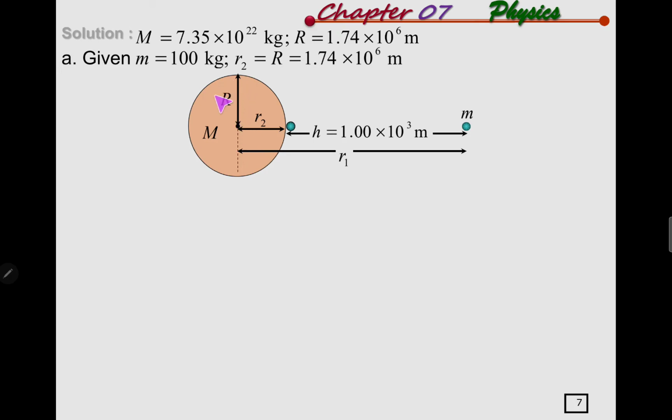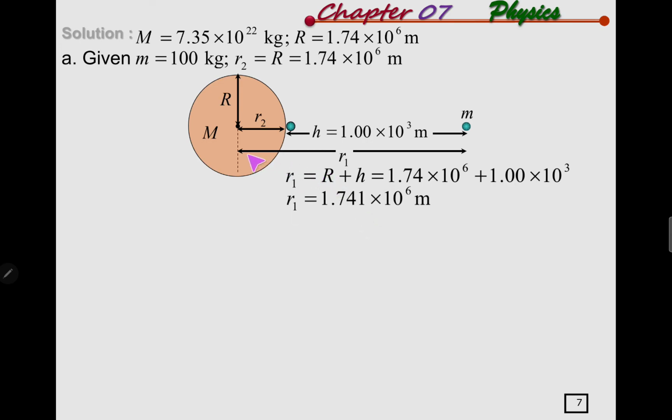So the initial radius will be the initial position, and then you move it 1 kilometer away from the surface, which will be equivalent to 1000 meters. For this calculation we will use SI unit, so for the radius we convert into meter. That means r1, the final position, we will end up with 1.741.